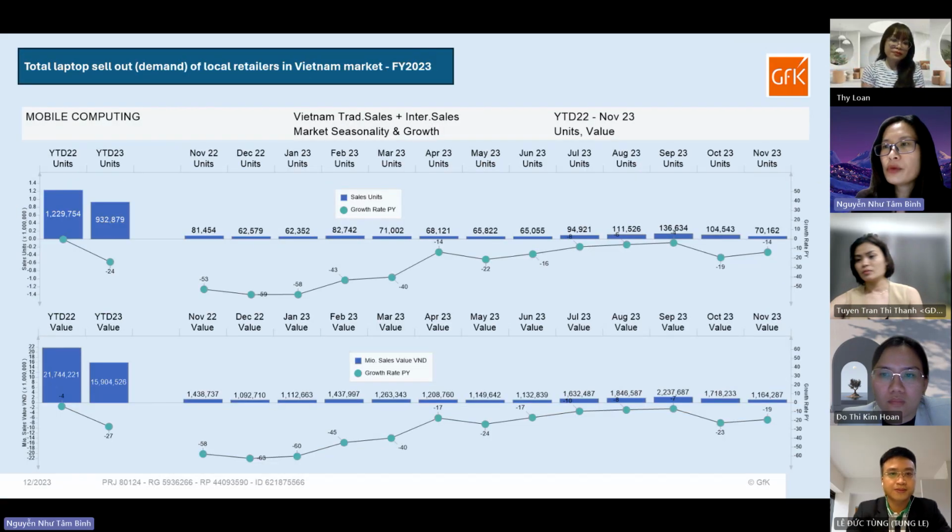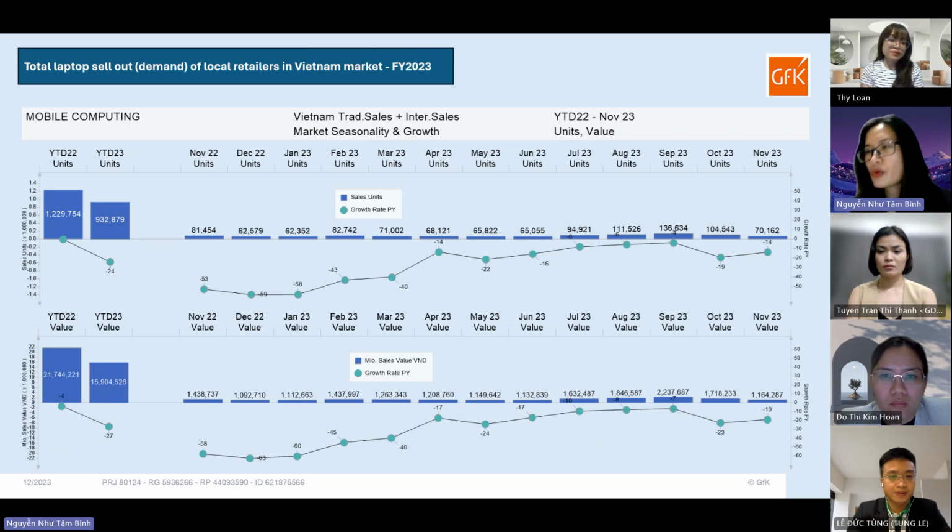So now we come to the final part of the demand with the numbers from 2023. As you can see, the previous year growth ratio in both sales units and value of this year decreased much.